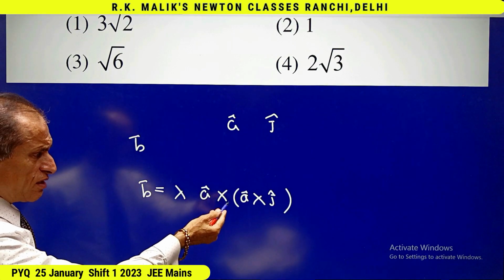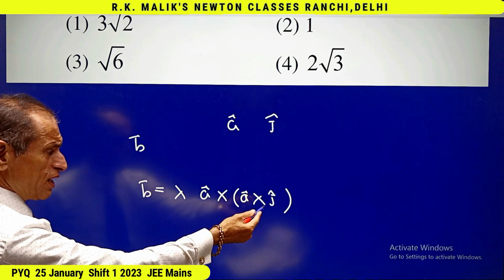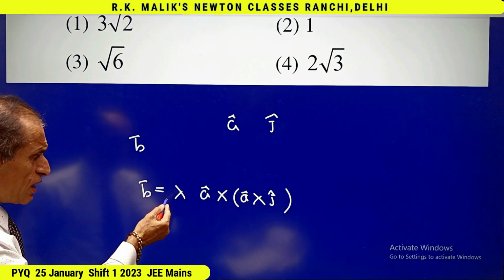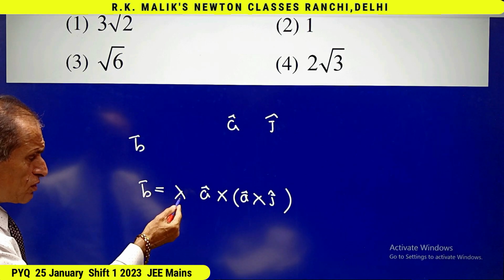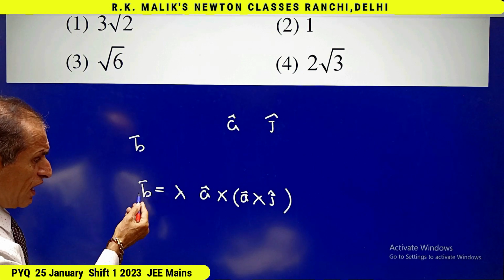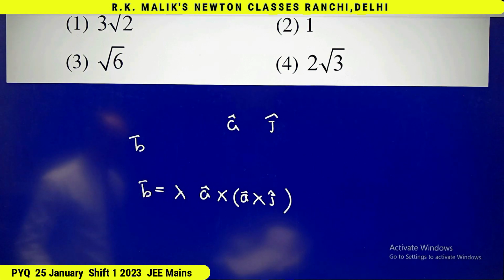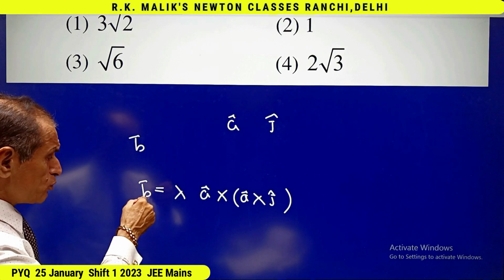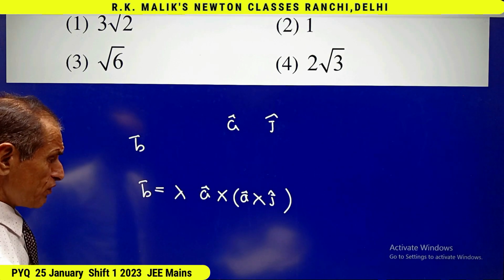And I have written lambda also because the vector B and vector A have the same magnitude.